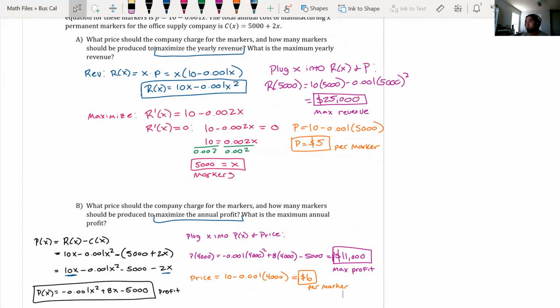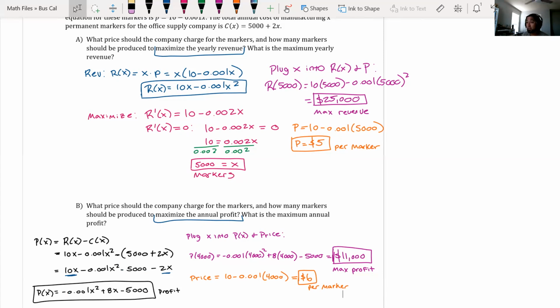So you actually want to make less and charge more. Exactly, because remember that revenue isn't take-home money. Right. So revenue is just what you made from the sales.